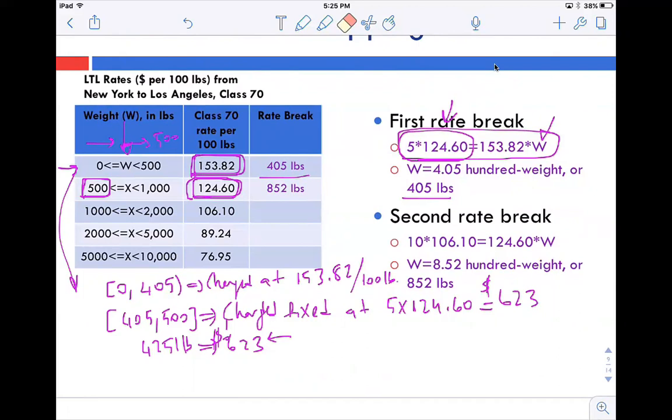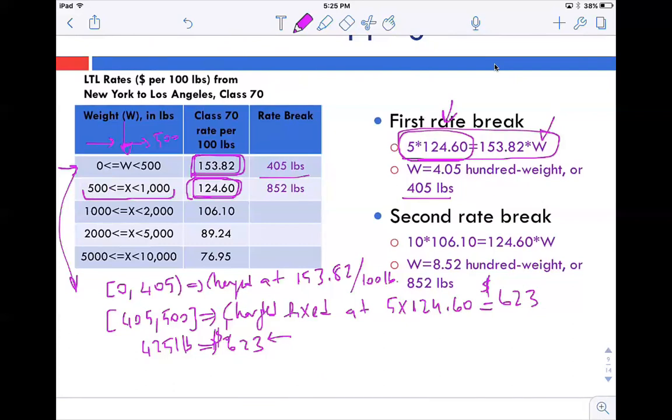So for the second rate break, again, you make sure that you set the equation right. For the next one, for the second interval category, what is our rate break point between 500 and 1000? We look at the next one to benchmark our cost.